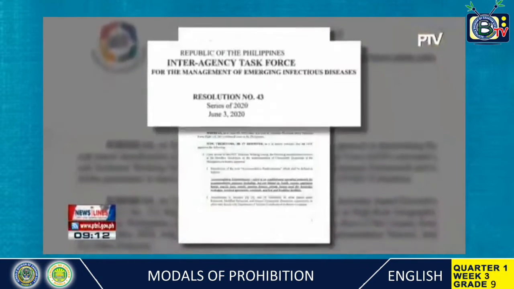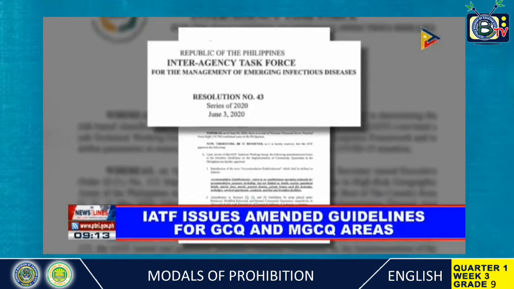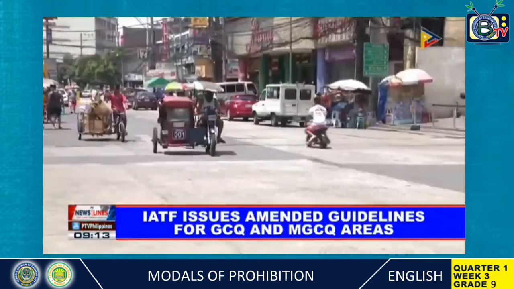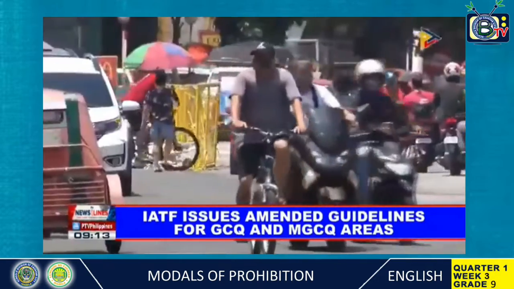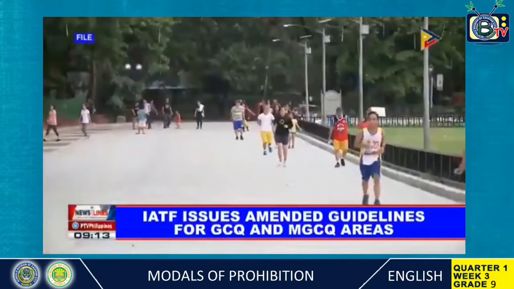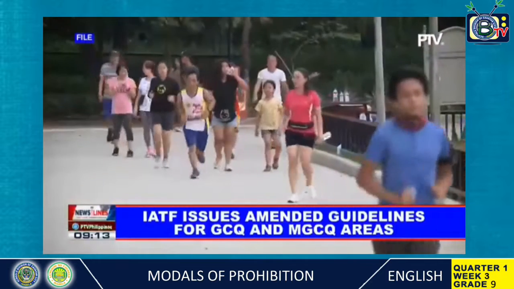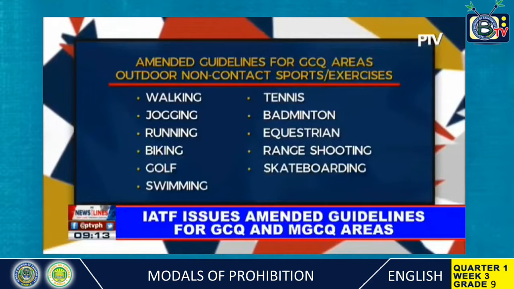Under the new Resolution Number 43 of the Interagency Task Force for the Management of Emerging Infectious Diseases, the government has elaborated different amended guidelines. For areas under general community quarantine, allowed outdoor non-contact sports and exercises have been increased from walking, jogging, running, biking, golf, swimming, tennis, badminton, equestrian, now added with range shooting and skateboarding as long as health protocols are observed.